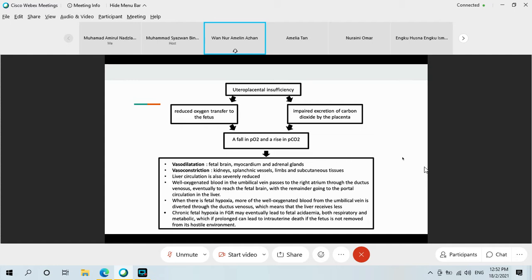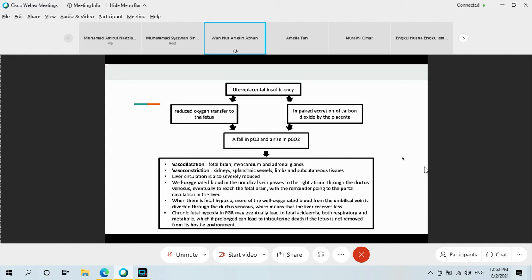The well oxygenated blood in the umbilical vein will pass to the right atrium through the ductus venosus. Eventually, the blood will reach the fetal brain, while the remainder goes to the portal circulation in the liver. When there is fetal hypoxia, more of the oxygenated blood from the umbilical vein will be diverted through the ductus venosus, which means the liver will receive less well oxygenated blood.